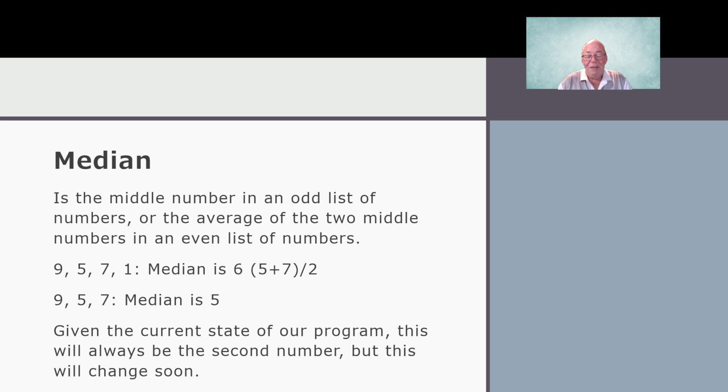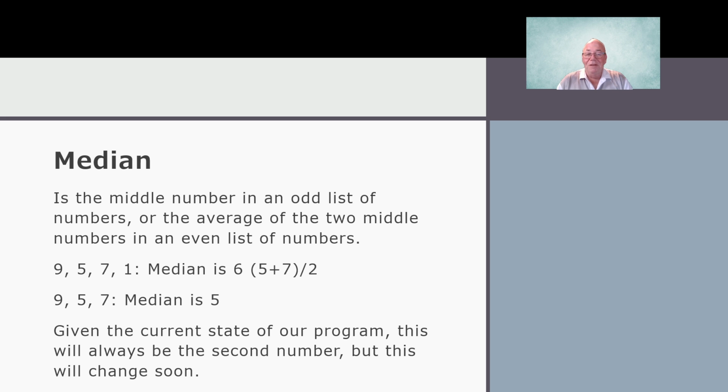Well, again, we're not going to have to worry too much about that, because in the case of where we're at so far, since we're taking exactly three numbers, it's always going to be odd. And because we're taking exactly three numbers, the median is always going to be the second number.